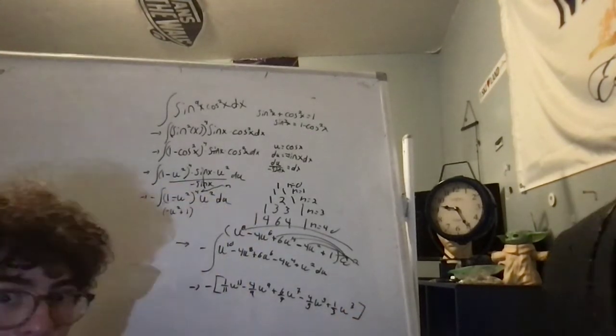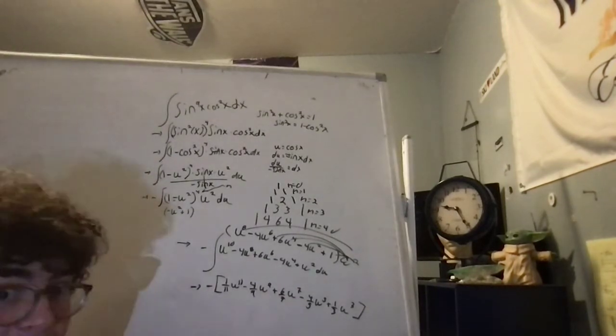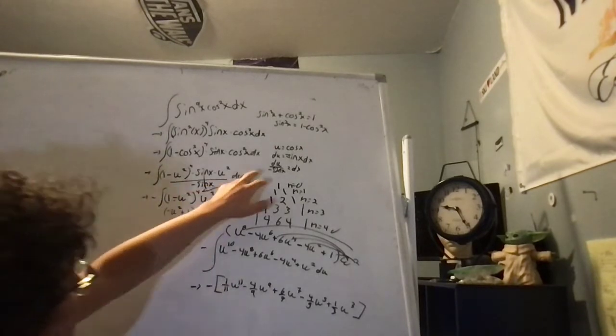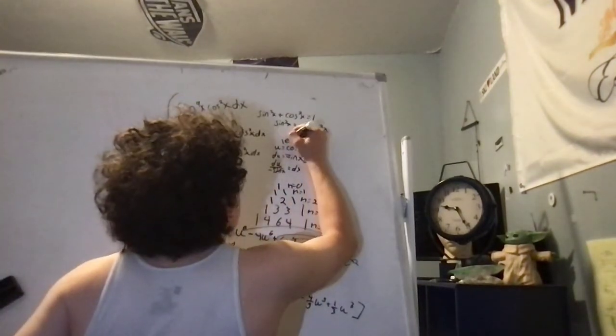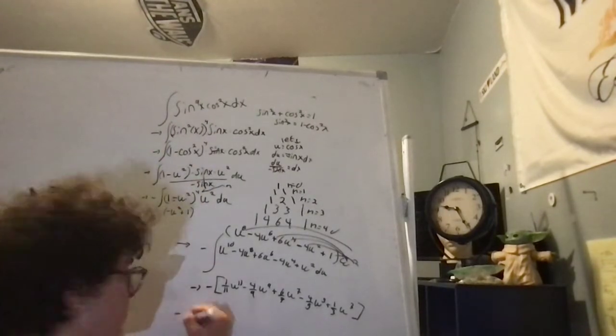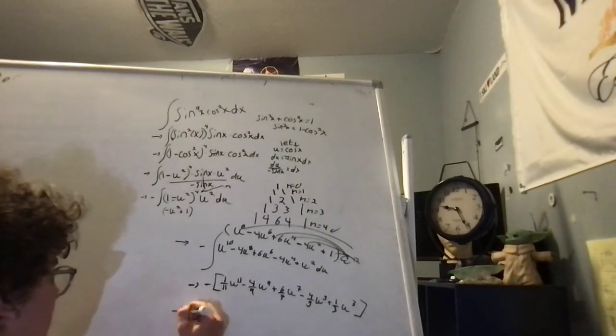Now, you may be saying, why don't you have the plus c? Well, I'm not going to write that yet due to the fact that we still haven't put our u back in. Remember that u is equal to cosine x. So now comes the final part. Make sure you guys can see this here. Negative entire thing.